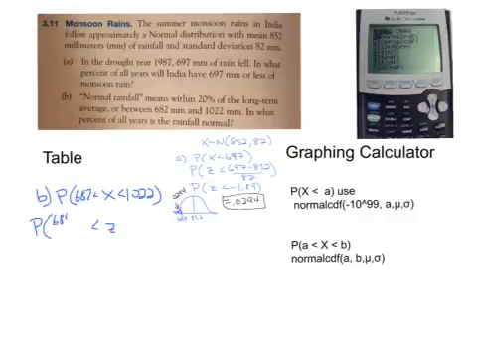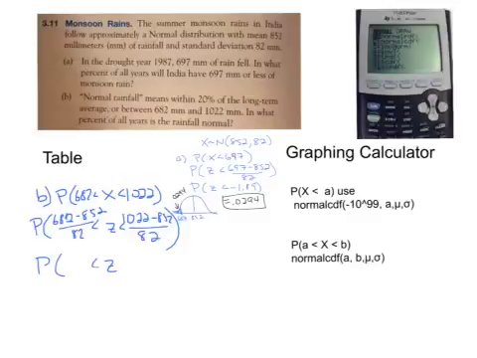So I say 682 minus my mean of 852 divided by 82. I'll also have to take 1,022 minus 852 divided by the 82. And you'll notice I'll get a z between negative 2.07 and 2.07.